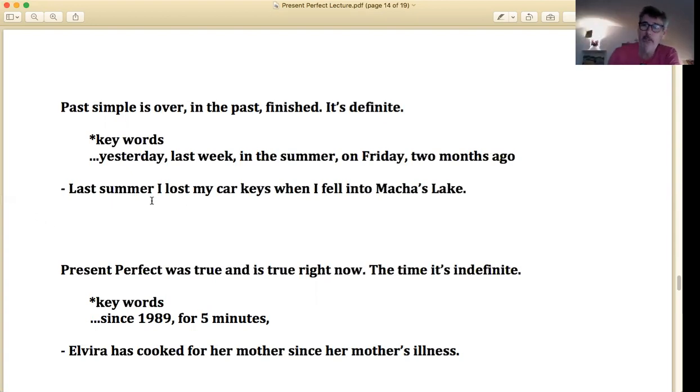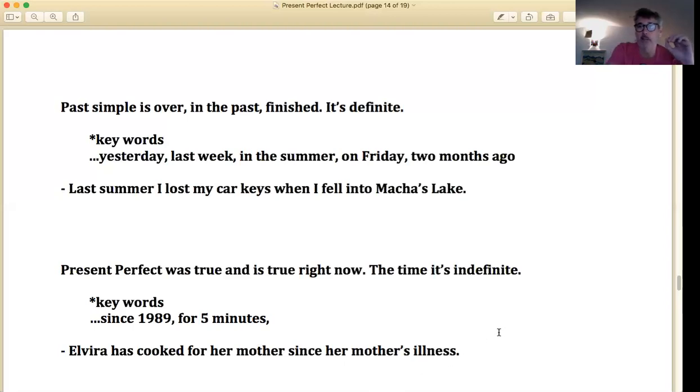I'm not going to bring any present perfect because present perfect is a present tense. Now, remember, present perfect was true and it's true or active right now. All right. Again, we talked about these keywords of since and for. And here we have Elvira has cooked for her mother since her mother's illness.